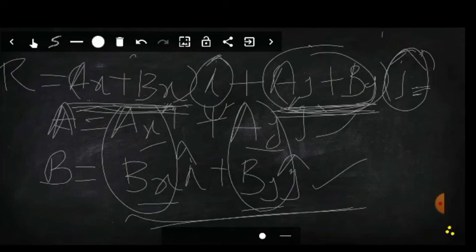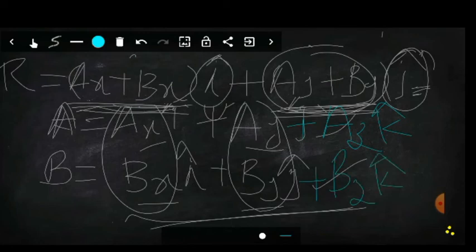Okay. And suppose we are using three-dimensional space, then what happens? Along with this x and y component, one more component will be there. What is that? It is az into unit vector k. Similarly for vector B also, it is bz into unit vector k.